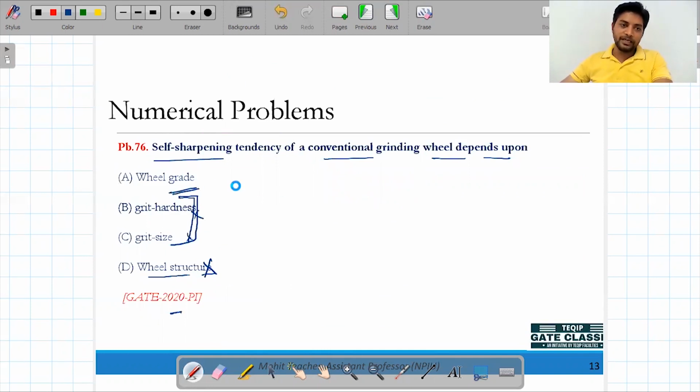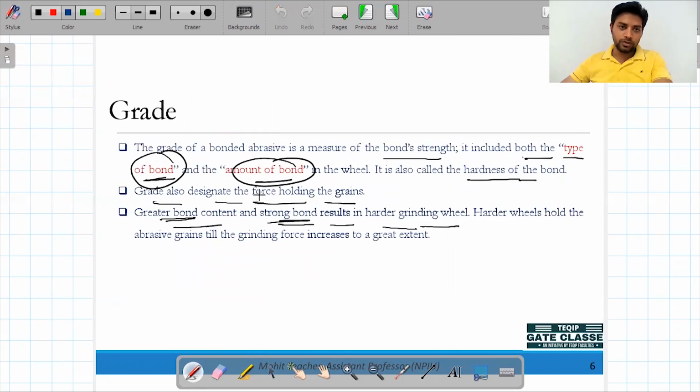Now wheel grade. So the wheel grade is basically the bond, and it is defining its strength.